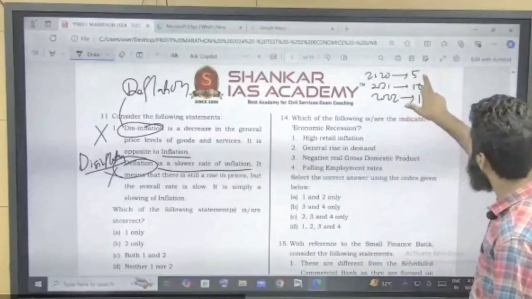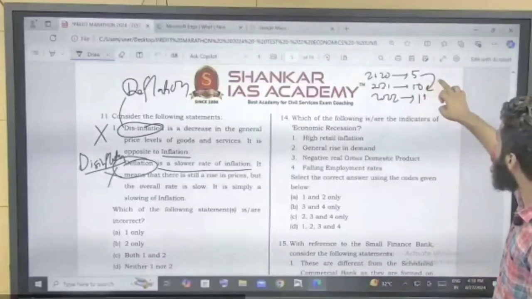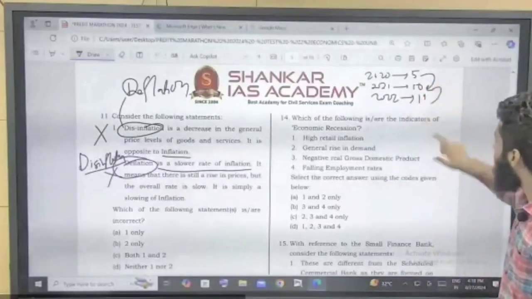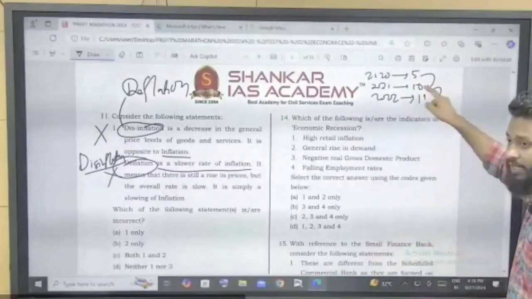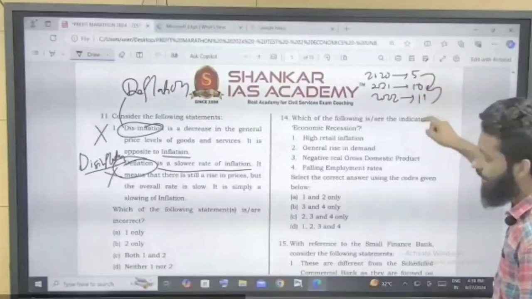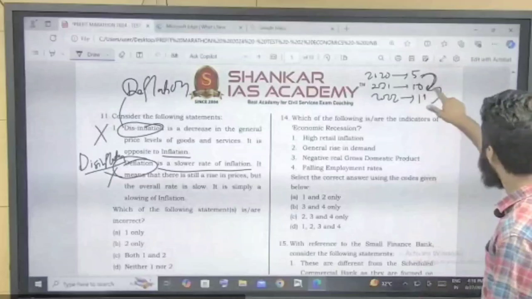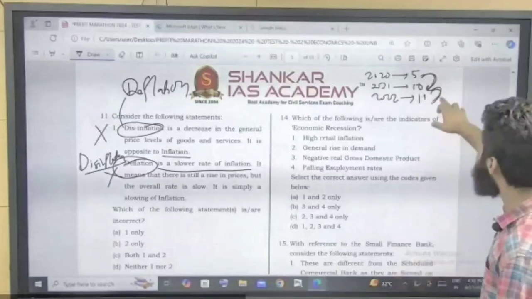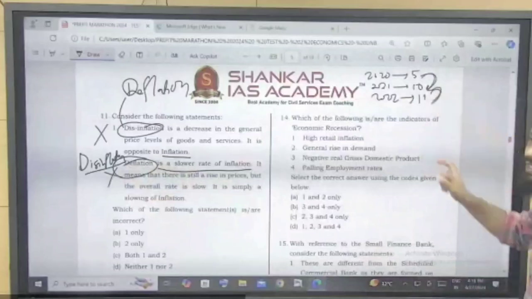So here, the increase in the cost was 100%. Here it is 10%, but it is increasing. From 10 to 11 also, it is increasing. From 5 to 10, it has also increased. But here the rate was 100%. Here the rate is 10%. This is disinflation.